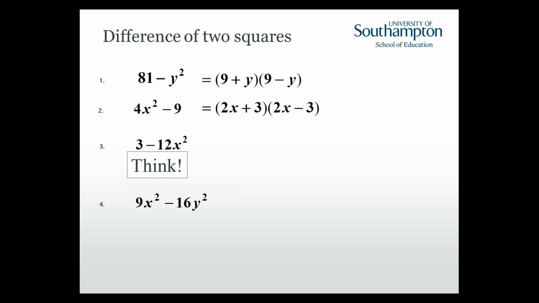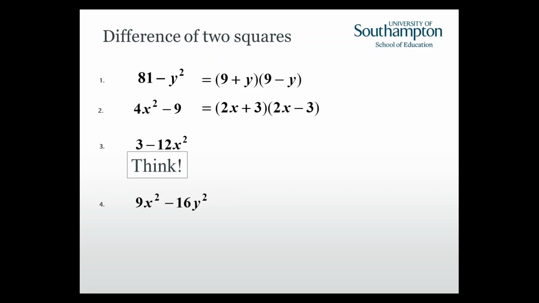Guessing because the x squared value is bigger. No, I think I put that because those aren't square numbers at the moment, but how can you make them square numbers? Mm. Right, so you could take something outside to start with, maybe.